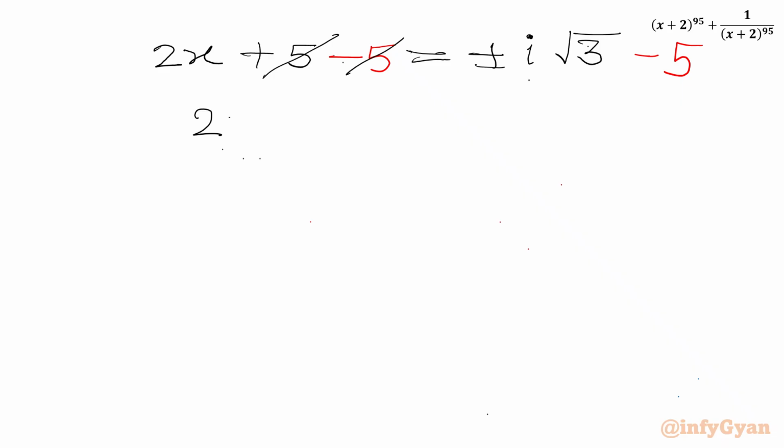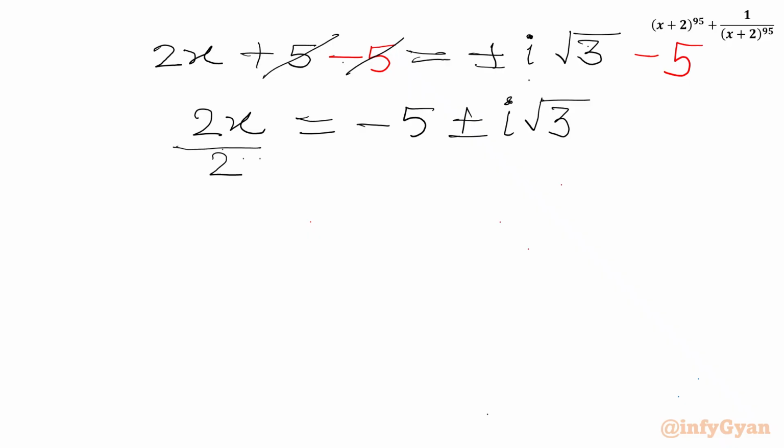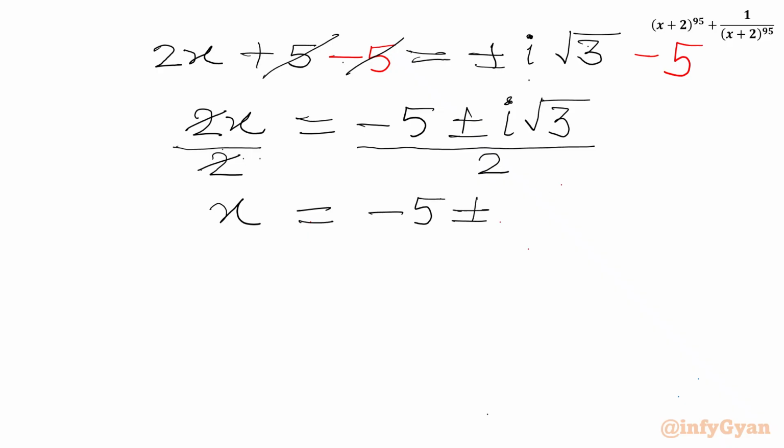We will get 2x equal to minus 5 plus minus i times square root 3. Now we can divide both sides by 2 to get the value of x. So 2 will be cancelled from the LHS. We will get x equal to (minus 5 plus minus i times square root 3) over 2.